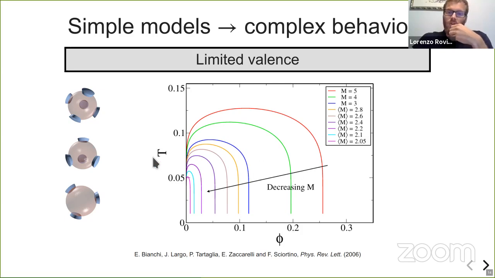This is a phase diagram of patchy particles with different valence, so multivalence. Let's look, for example, at the red, green, and blue curves. This is density, and this is temperature. So this is the phase diagram. Inside the curves, you have phase coexistence. And you see that as you decrease the number of patches, the number of available bonds, this phase diagram shrinks. This is important because, if you think of membraneless organelles acting as scaffolds, you need a liquid density that is not too high because you need space inside to accommodate clients.